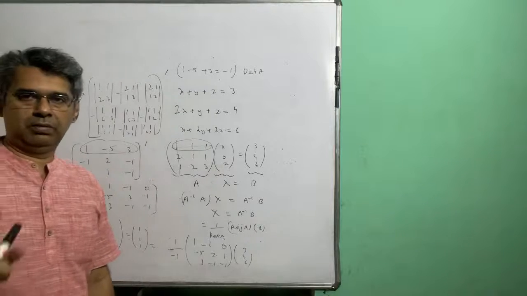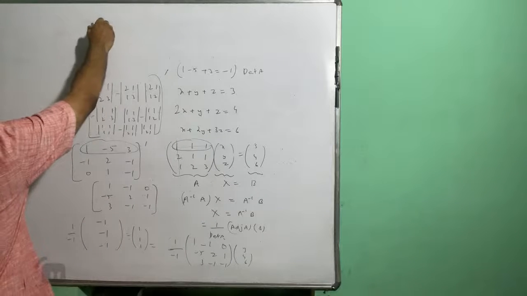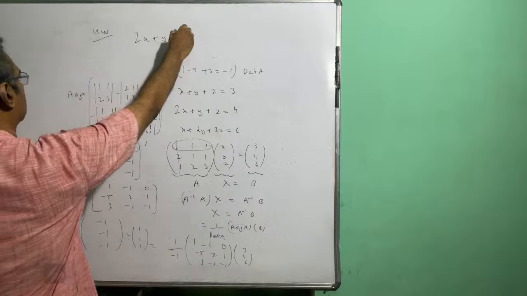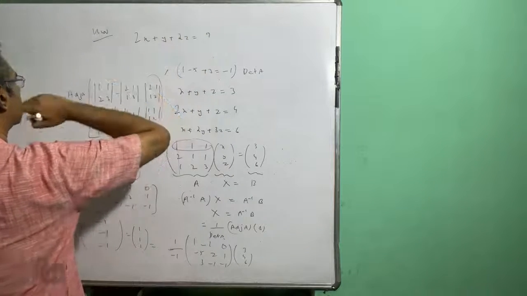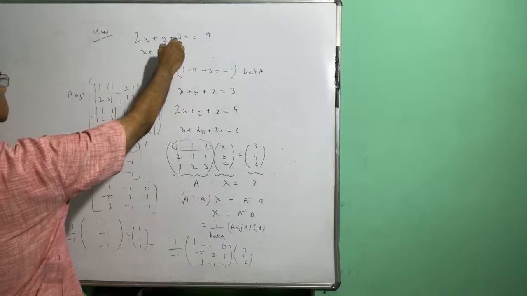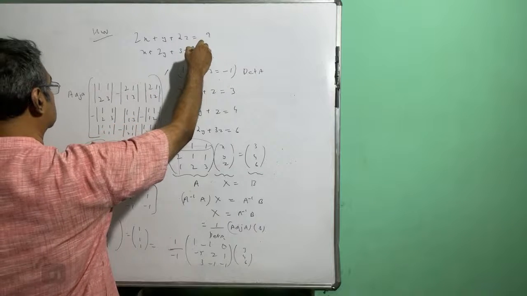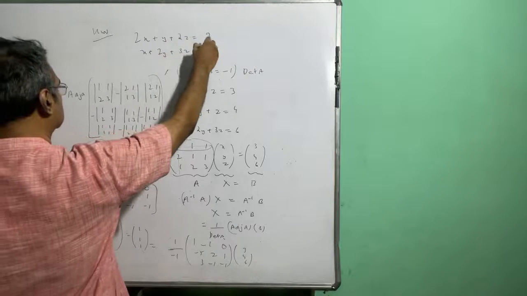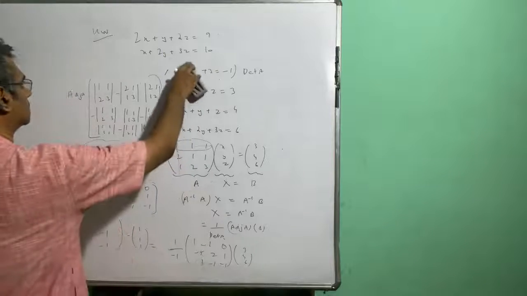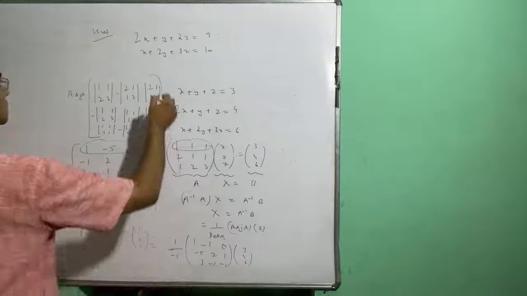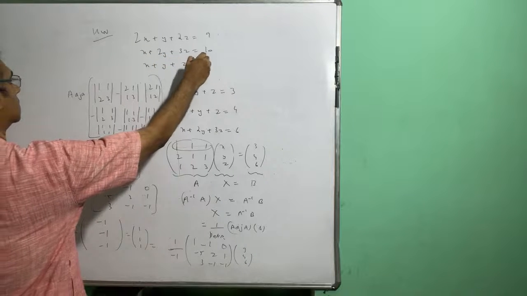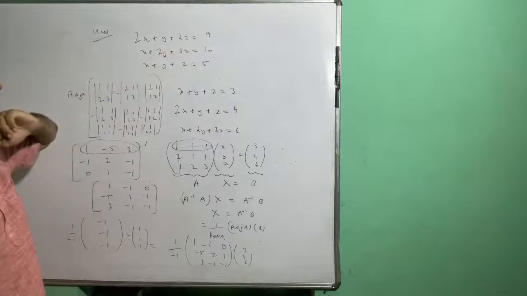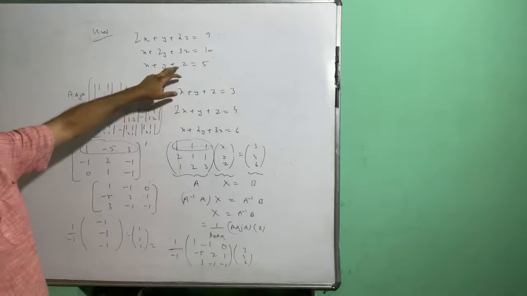I am just giving you only one homework question, just one. 2x plus y plus 2z is 9, x plus 2y plus 3z is 10, x plus y plus z is 5.